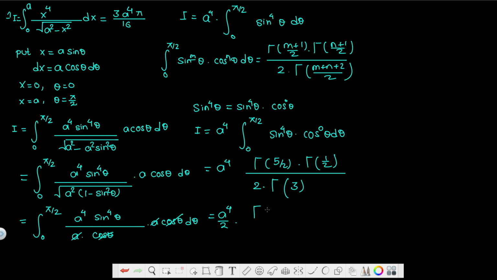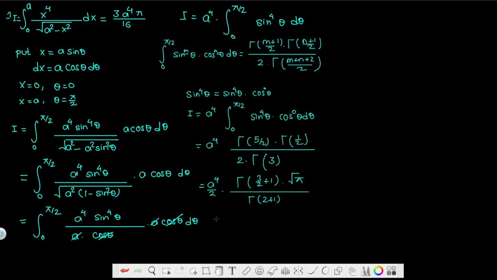Now gamma(5/2) is the same as gamma(3/2 + 1), and gamma(1/2) is square root of pi, and gamma(3) is the same as gamma(2+1). So this equals a^4 over 2, and gamma(n+1) is n times gamma(n), and we have square root of pi, and gamma(n+1) is the same as n factorial.